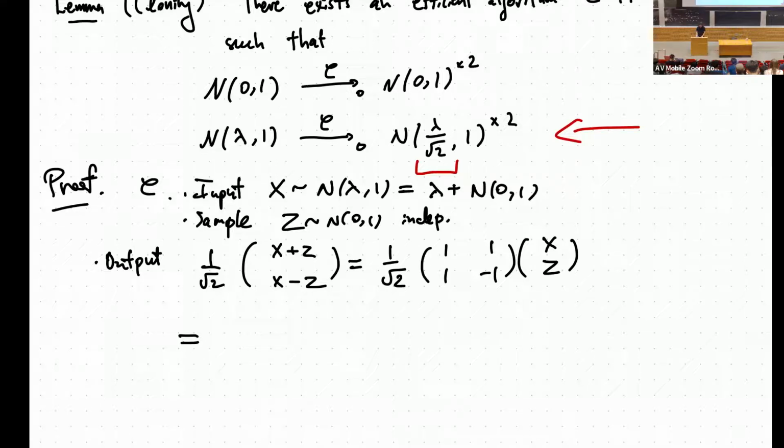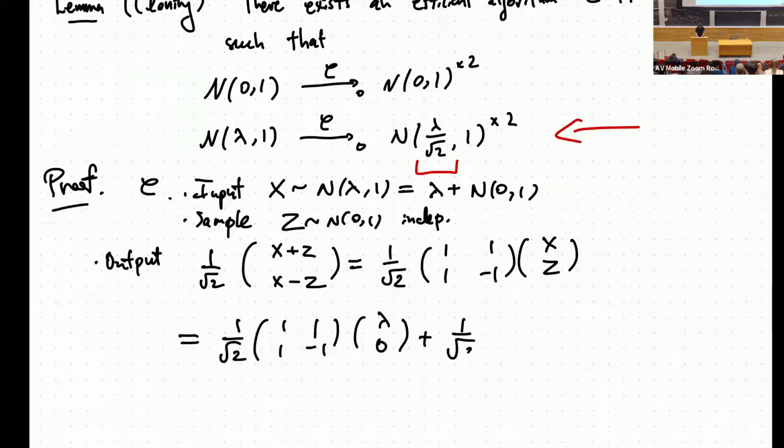And so if we write it like that, we can separate out the mean and we get 1 over root 2, 1, 1, 1, minus 1, and then this is lambda, 0, and then plus, same thing, 1 over root 2, 1, 1, 1, minus 1. And then here we have a pair of standard Gaussians.